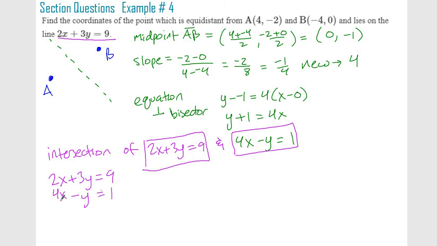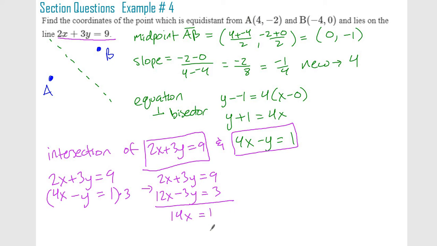All right, let's see, I'm just going to go ahead and multiply that entire bottom one by 3. So we get 2x plus 3y equals 9, and 12x minus 3y equals 3. We can add those up. We get 14x equals 12. So now x equals 12 over 14, or 6 over 7.